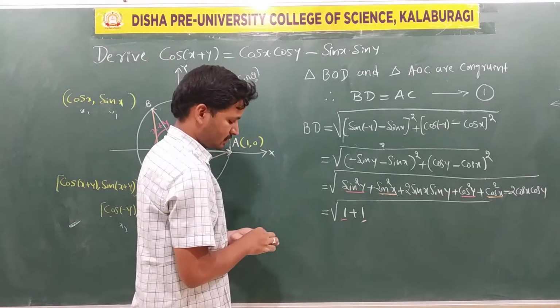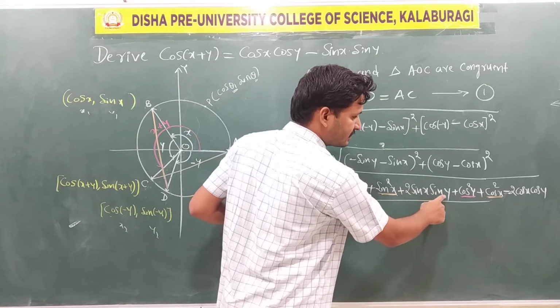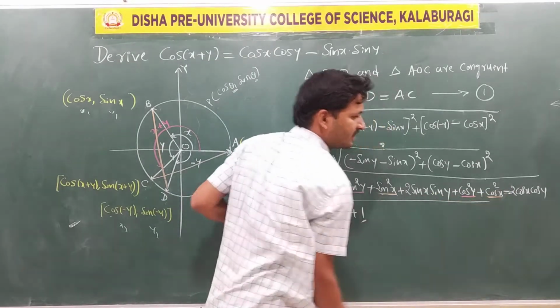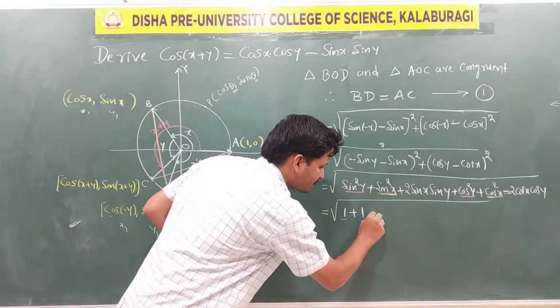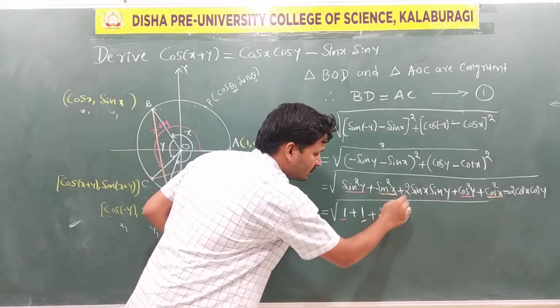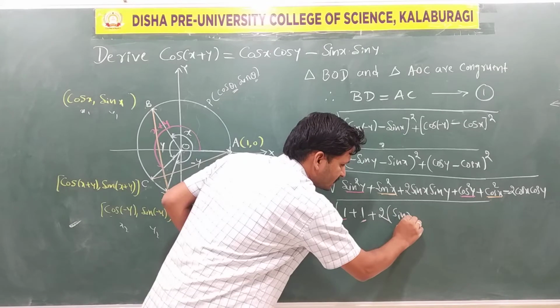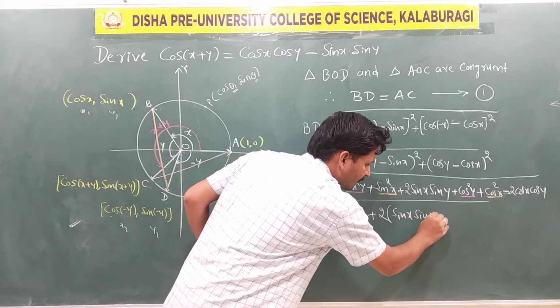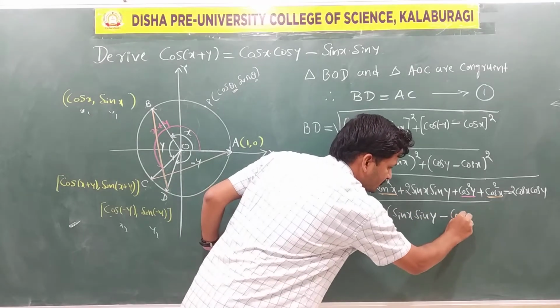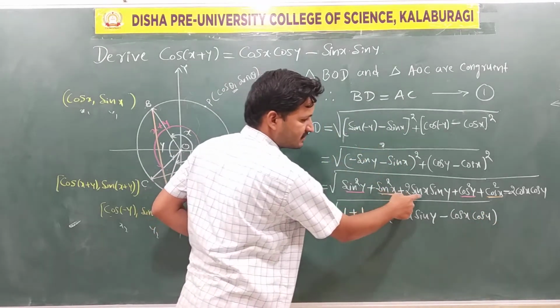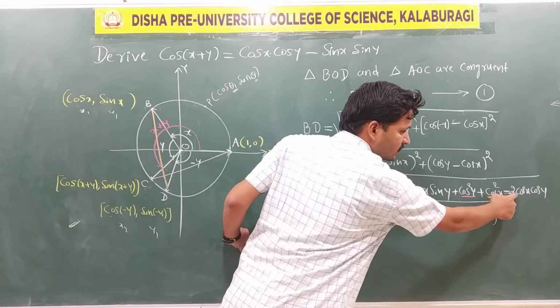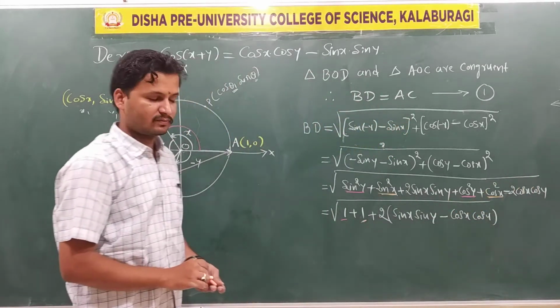And then next here 2 times of sin x into sin y minus 2 times of cos x into cos y. So write down plus, after taking 2 common, this is sin x into sin y minus cos x into cos y. Correct? Here 2 times of sin x into sin y minus 2 times of cos x into cos y.